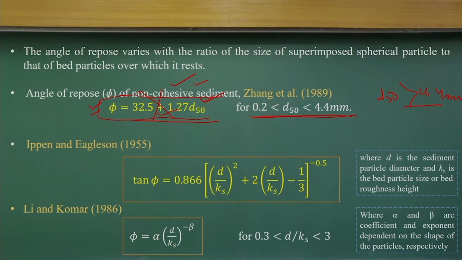Try to understand it: empirical equations are developed for a certain range of data, and that's what we should check before applying an equation. In the same way we can have more details for determining the angle of repose. So please go through books on fluvial hydrodynamics or these materials to look at these empirical equations.